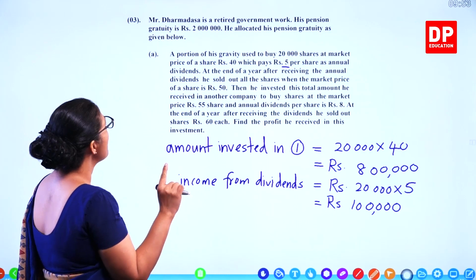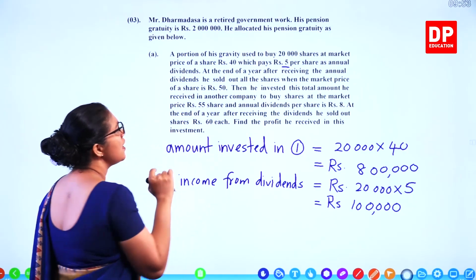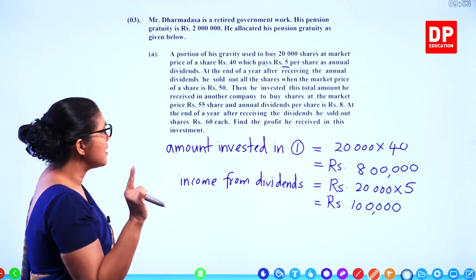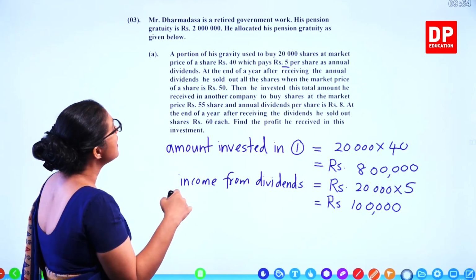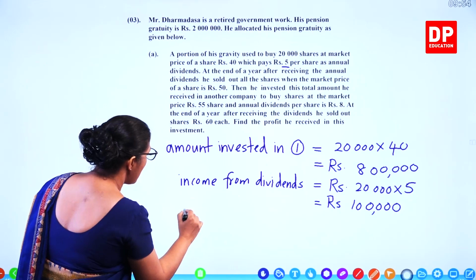Then at the end of the year, after receiving the annual dividends, he sold out all the shares when the market price of a share is 50 rupees. So that's the selling price. So what is the amount he gained from selling?